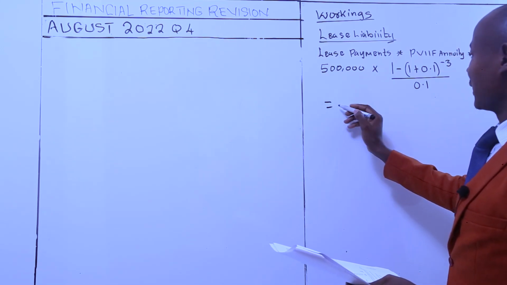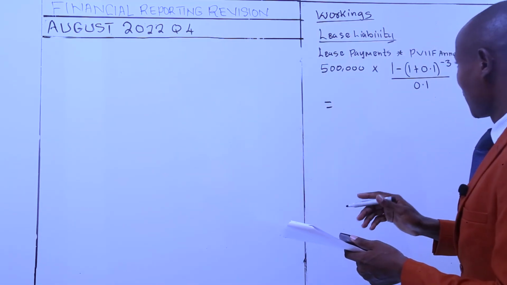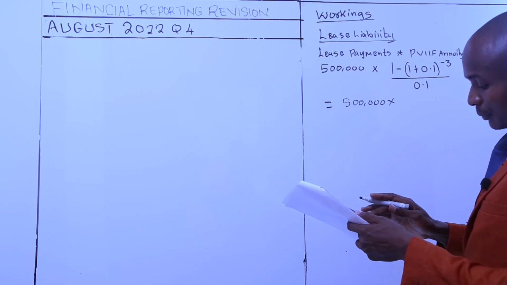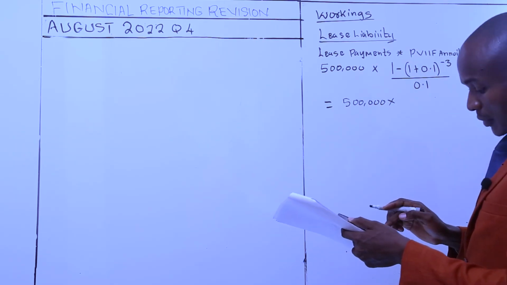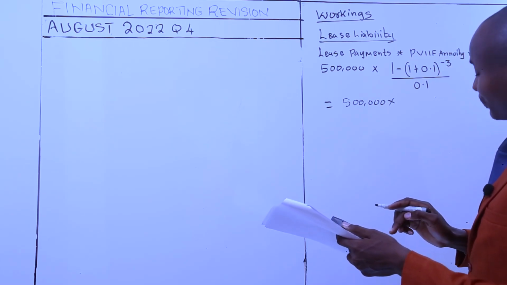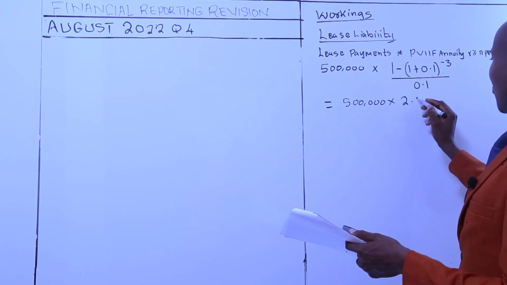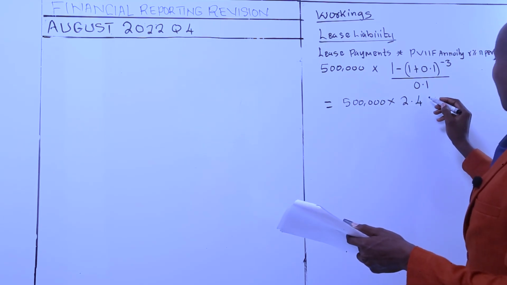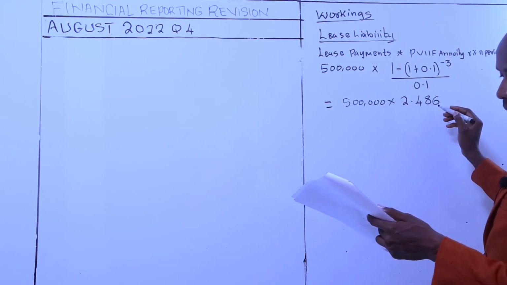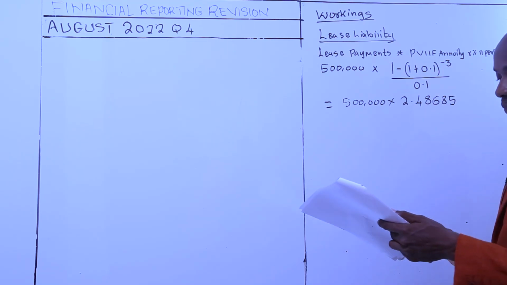So the lease liability is 500,000 times 1 minus 1.1 raised to the power negative 3, divided by 0.1, which is 2.486852 (2.48685).